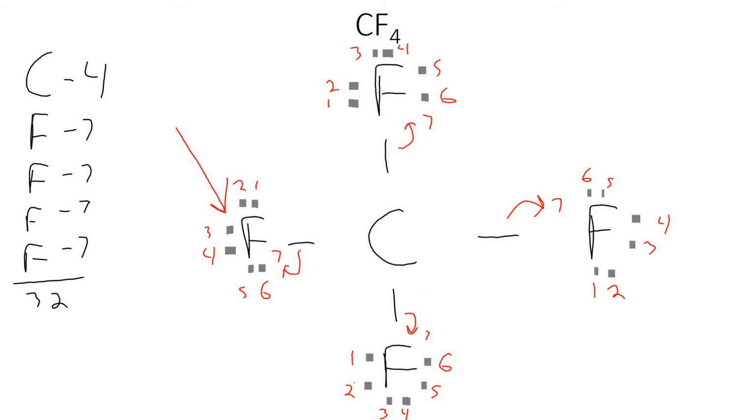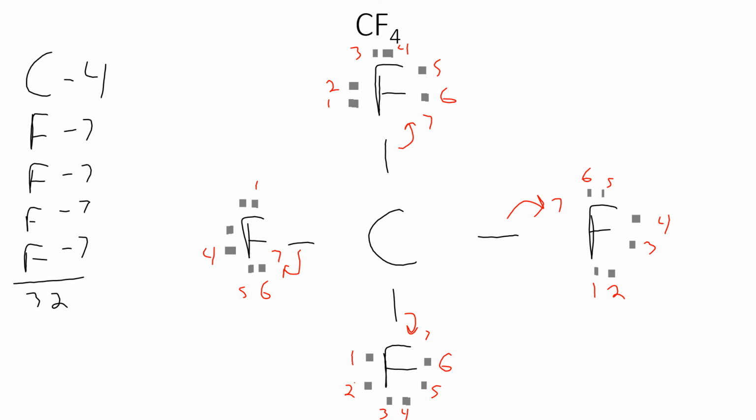So when we look at the fluorines, notice for each fluorine we formally counted up 7 formal electrons. That matches the number of valence electrons that fluorine had. So each fluorine's formal charge would be 0. Its formal electrons exactly matched how many valence electrons it had.